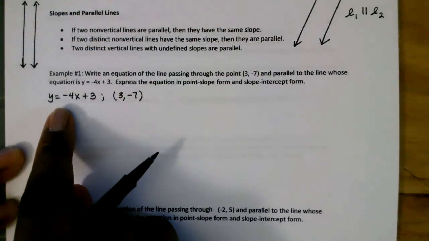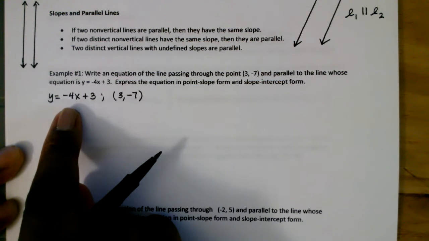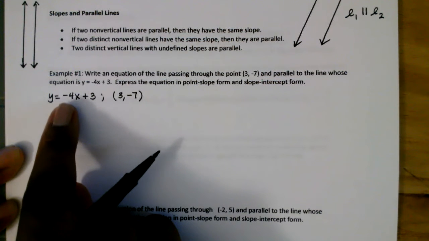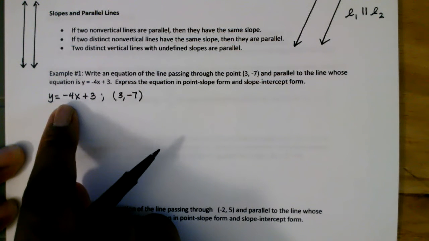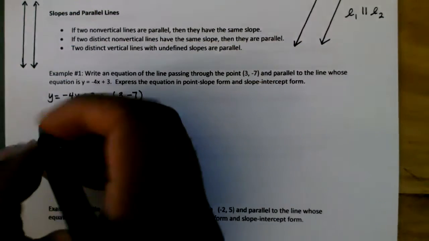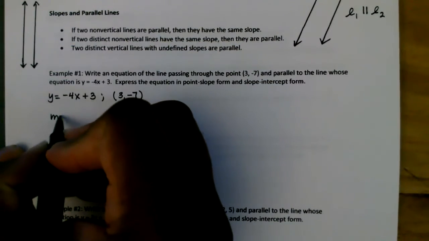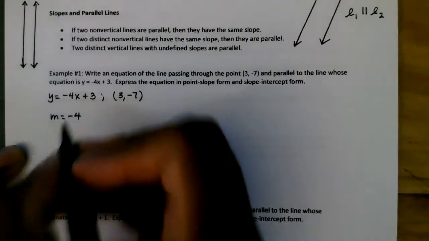That equation is in slope-intercept form, y = mx + b, so we can easily identify the slope. The slope, if you recall from the last video, is the coefficient of your x term. In this case, your slope is -4.